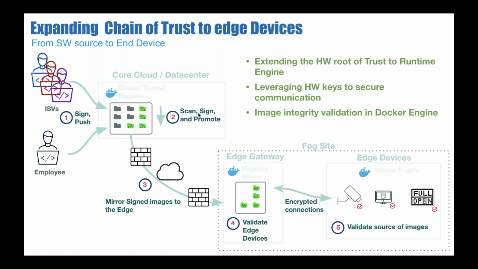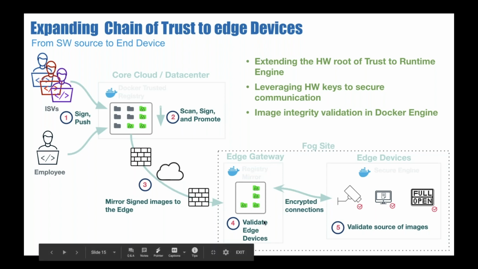Those steps include scanning the incoming images, signing them, telling the Edge gateway or the Edge repository these are secure, and then promoting them. So then these images go through this transport where, of course, all communication between repositories is protected by TLS communication standards. And then they're received at the Edge gateway and they're validated. So we know that images that are received here are coming from a known source.